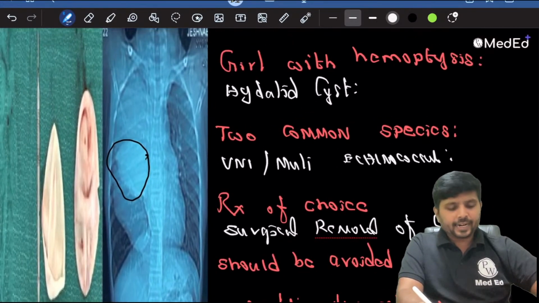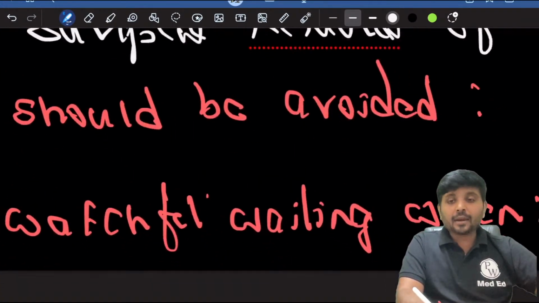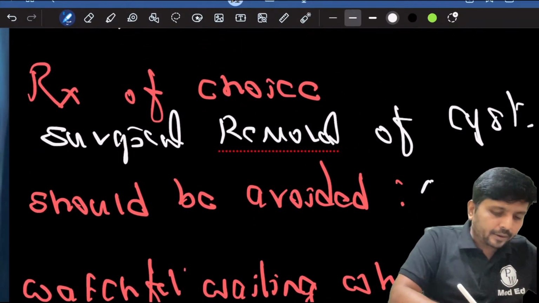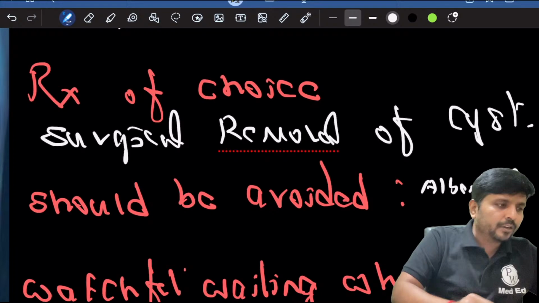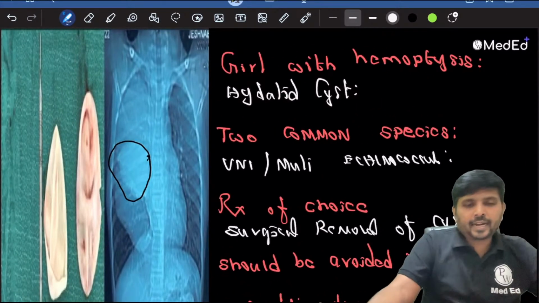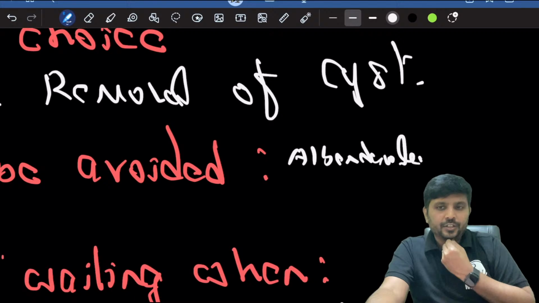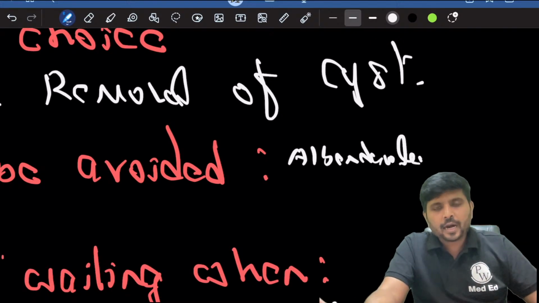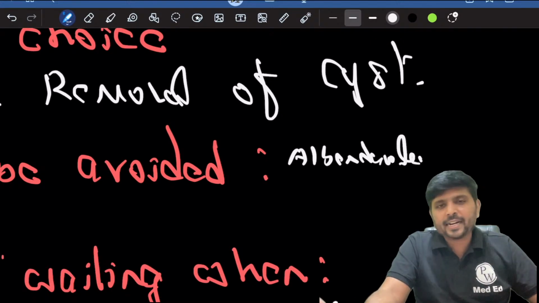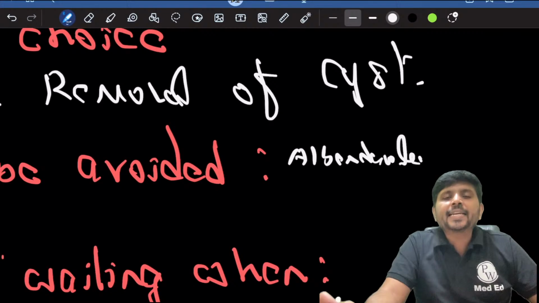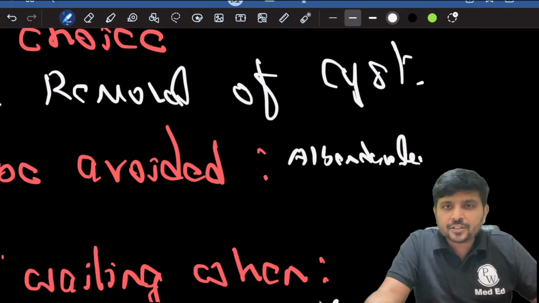Usually in lung hydatid cyst, albendazole is avoided. You could ask me why. The answer is, whenever you give albendazole for lung hydatid cyst, it breaks and leads to the release of hydatid cyst antigen, leading to sudden onset anaphylaxis and death.